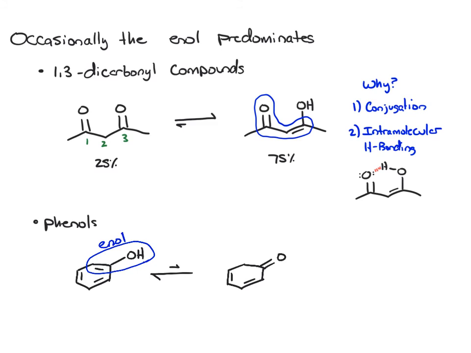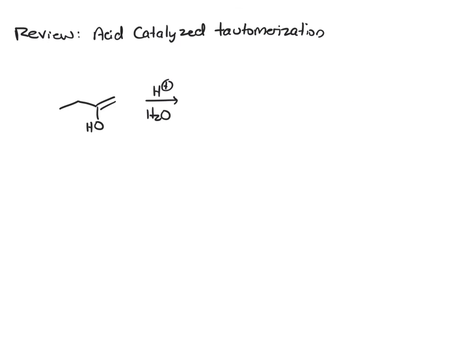Here's a keto form. Well, the difference between these is that the enol is aromatic, the ketone is non-aromatic. And for that reason, the enol form is present in 99.9%.